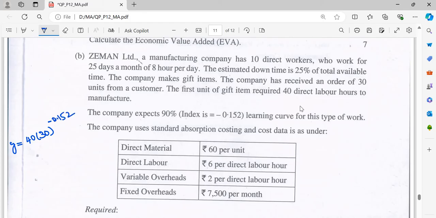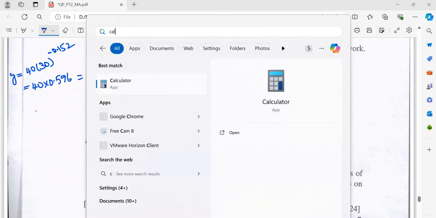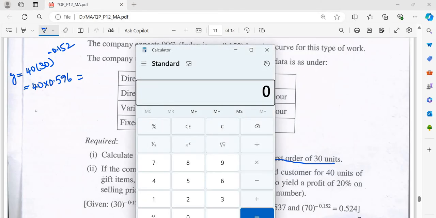For 30 to the power of minus 0.152 we have 0.596. So 40 into 0.596, we will be getting 23.84.